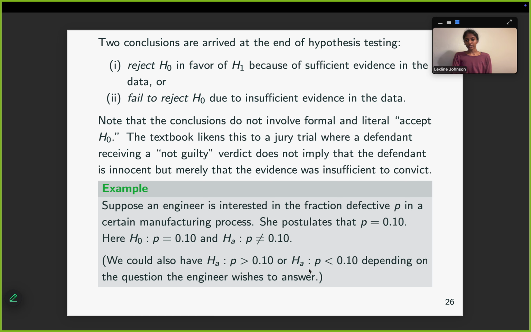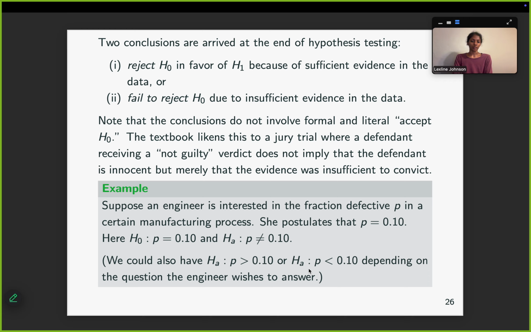So an example here is that suppose an engineer is interested in the fraction defective P in a certain manufacturing process, and she thinks that P equals 0.1, where P is the fraction of defectives.